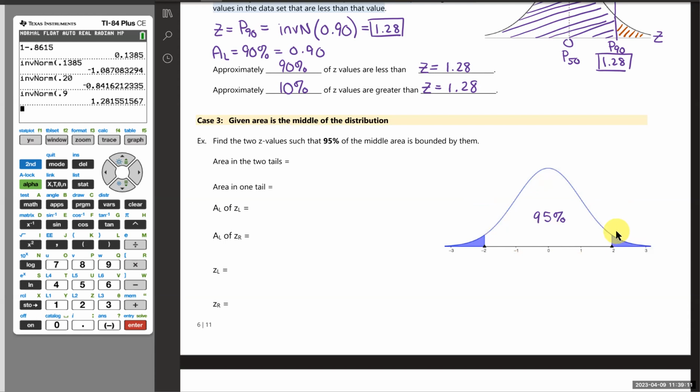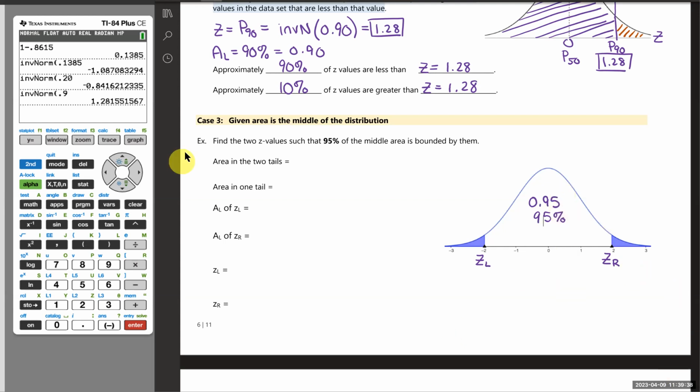Just to be able to call the z-scores something, I called them the z-score to the left of center and the z-score to the right of center. So we're looking for those 2 z-scores. We're going to learn more formal notation for those later. Let's go through the decimal version. 95% is 0.95.